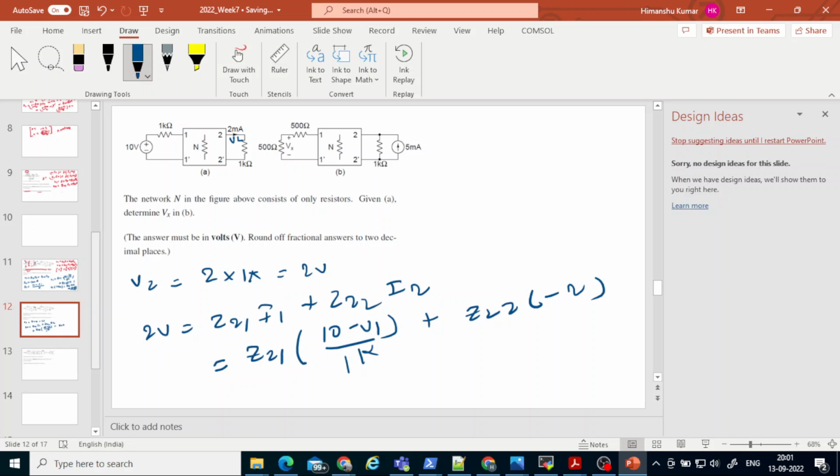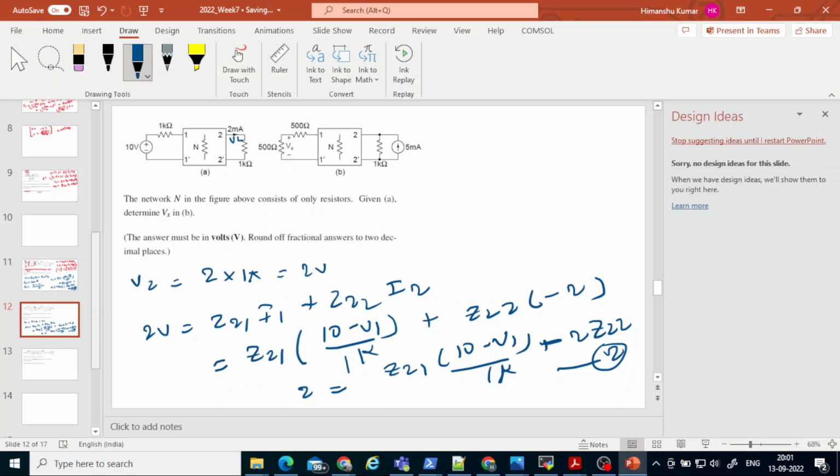So now this will be 2 equals Z21 times (10 minus V1) by 1k, minus 2 times Z22. So this is our second equation.